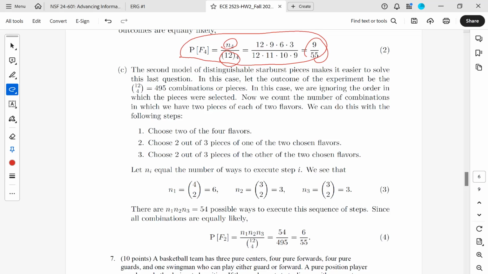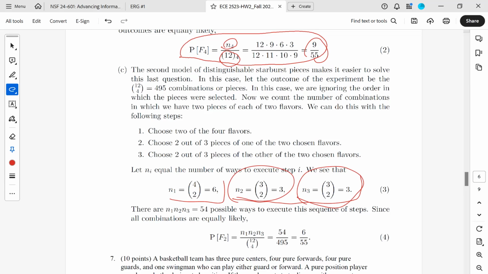It's 3 choose 2, which means 3 factorial over 3 minus 2 factorial. So this is the first step. In the second step, you calculate how many ways you have to pick 2 out of each flavor. And you have 2 flavors, so you have 2 situations where you have to pick 2 out of 3. Is that clear?